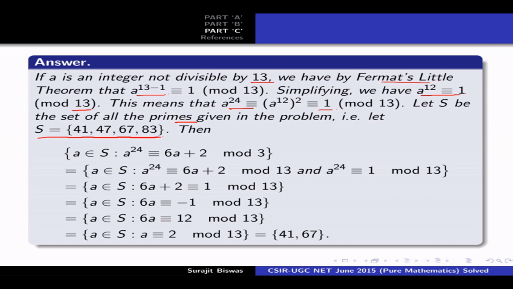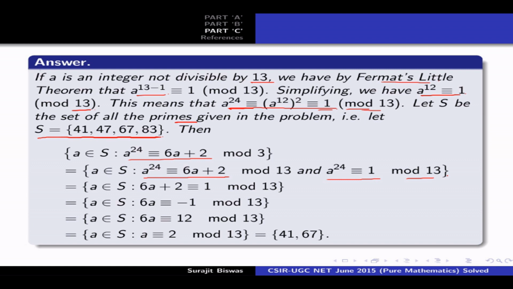Then the set of a belonging to S with a to the power 24 congruent to 6a plus 2 mod 13 equals the set of a belonging to S with a to the power 24 congruent to 6a plus 2 mod 13 and a to the power 24 congruent to 1 mod 13, which we have already shown.